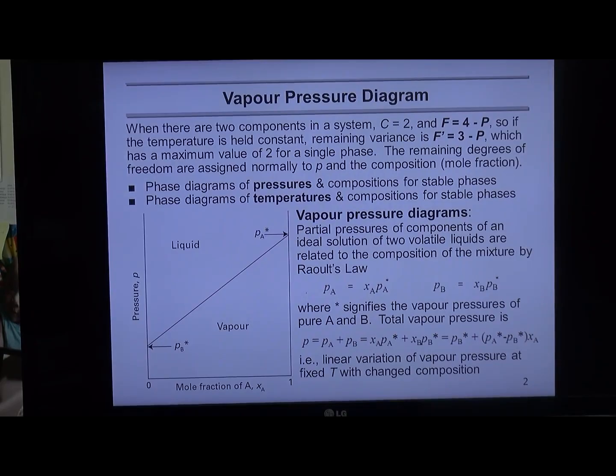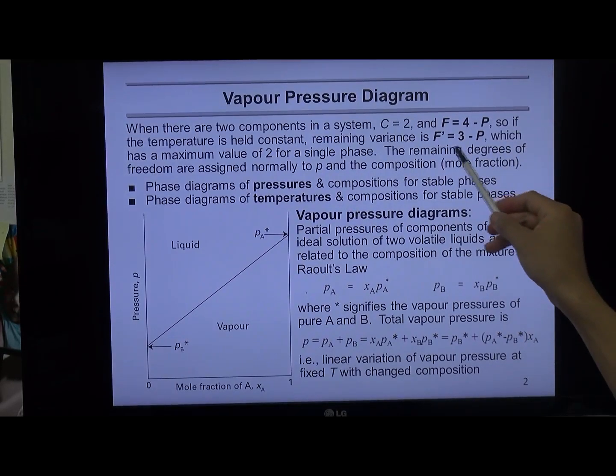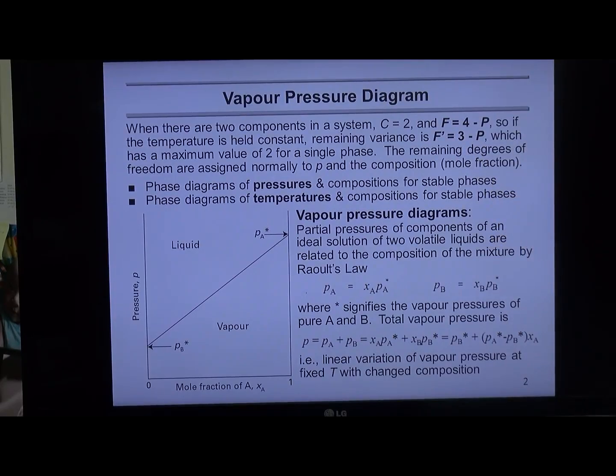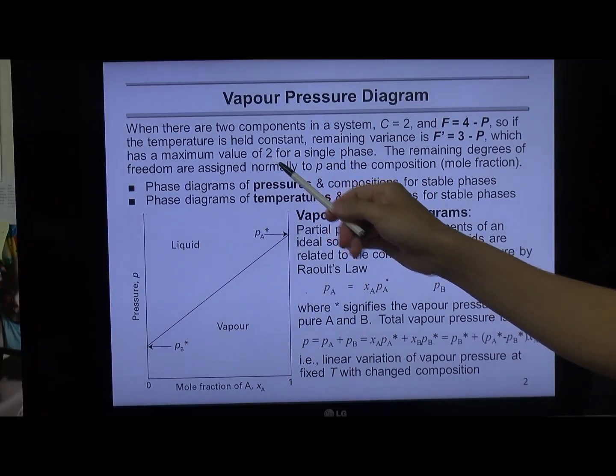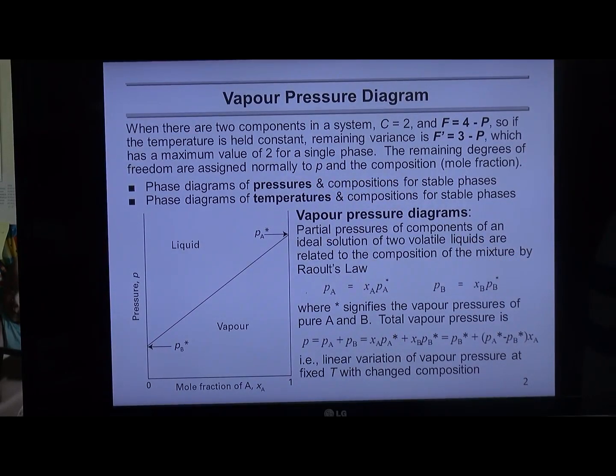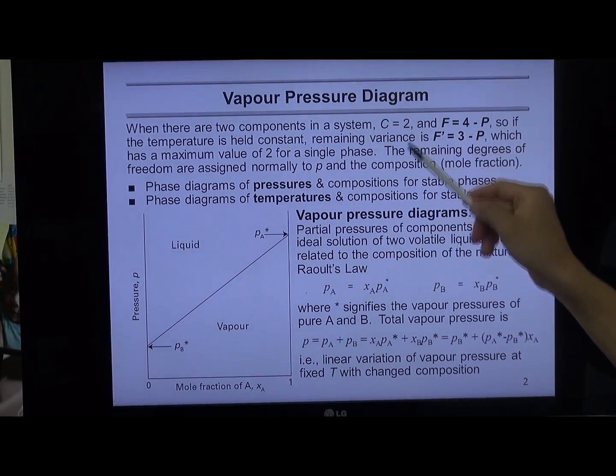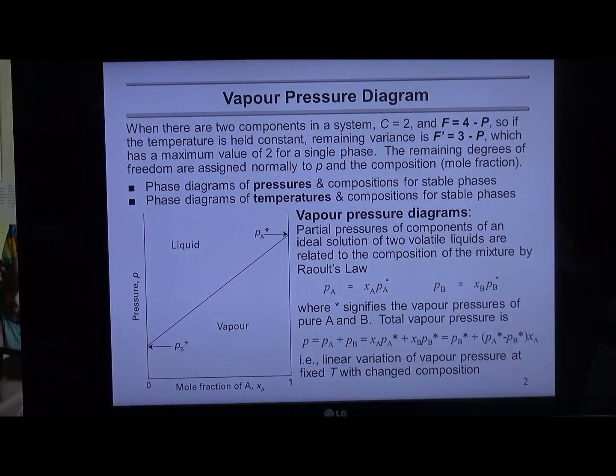So, which has a maximum value of 2 for single phase, right? If P is 1, F prime is 2. Okay? And that variance of 2 represents pressure and composition.